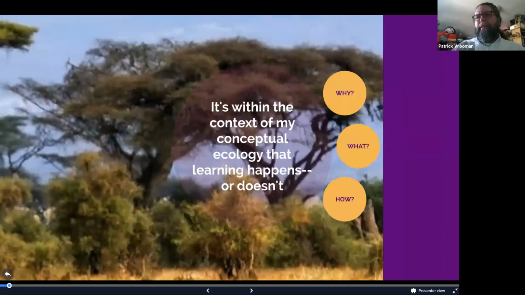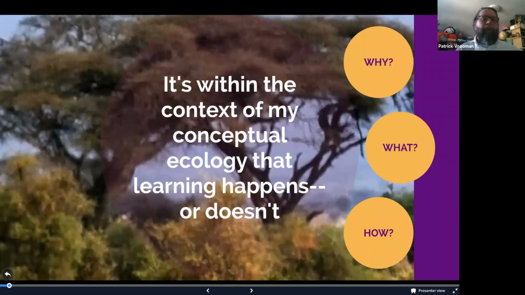The first thing I want to do is set the scene for why we're talking about critters and conceptual ecology. Then I'll get into some of the actual critters, what they are, and then we'll be done. But here's the big point. The reason we're talking about conceptual change and the reason we're talking about critters is because learning happens because of what's happening inside the conceptual ecology of each one of us.